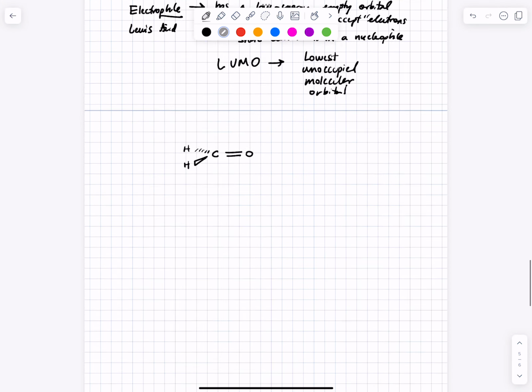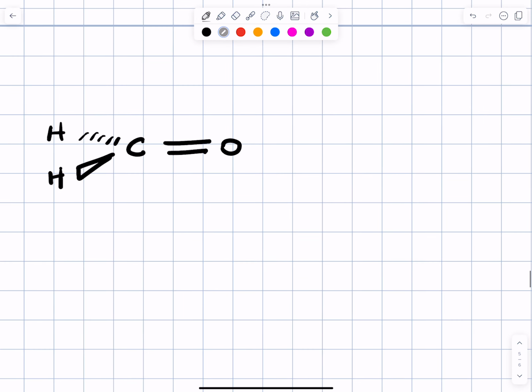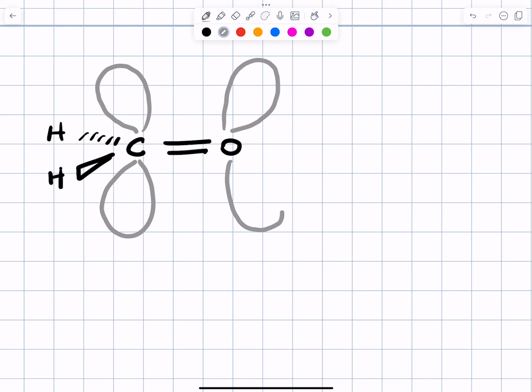The pi star for formaldehyde looks basically like you would expect if you drew two p orbitals side by side and you drew them with sort of a destructive interference with opposite wave function sign.